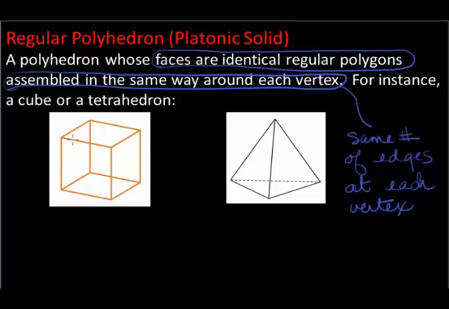We see that we have identical square faces, the first part of the definition, and the second part, we have 3 edges coming in to each of the 8 vertices. Therefore, it is regular. For the tetrahedron, we have 4 triangular faces, all identical equilateral triangles, and at each vertex there are 3 edges coming into it. So these both are regular polyhedrons.